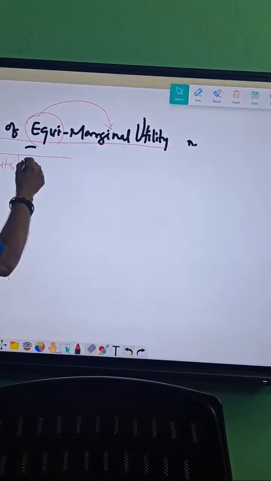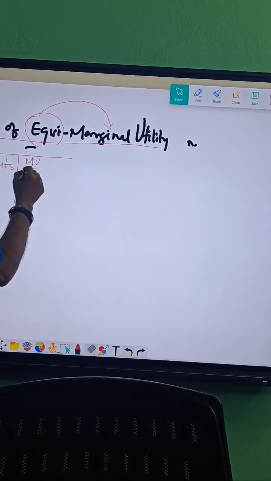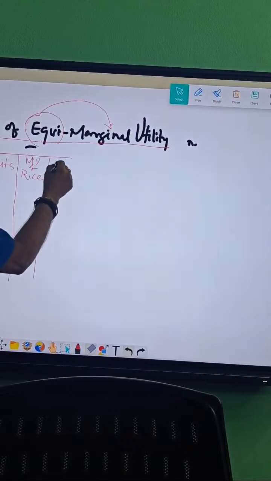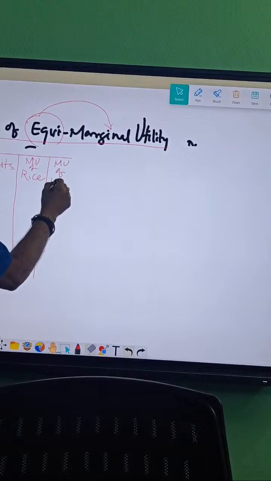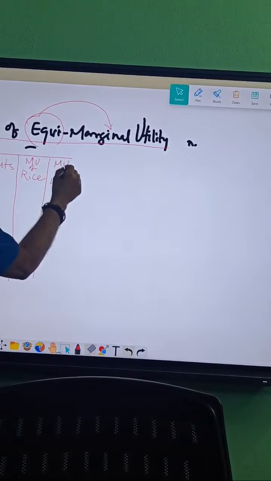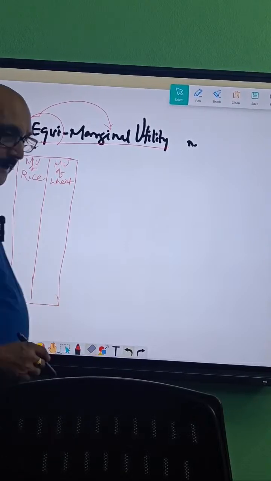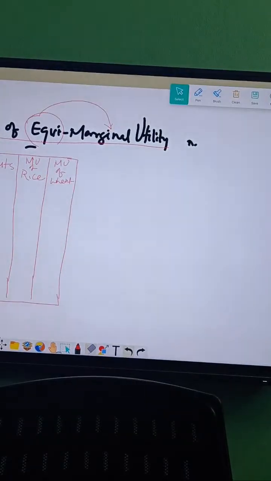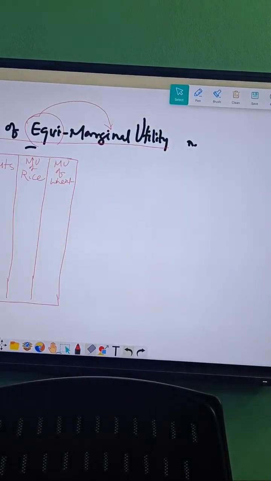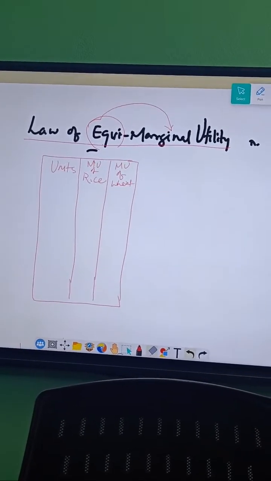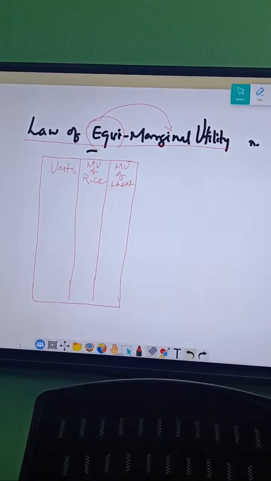Then MU of rice, because two commodities we are taking, one rice, another MU of wheat, we have to take, because he is spending his 7 rupees. How much is he spending? Yes, 7 rupees. So look at this. Now it is clear to you.